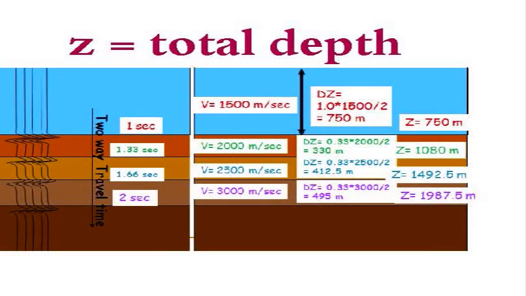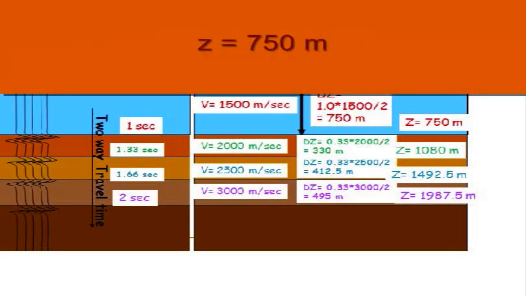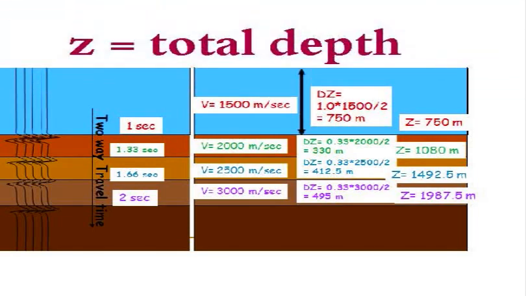V equals 1,500 meters per second. dz equals 1.0 seconds times 1,500 divided by 2 equals 750 meters. Z equals 750 meters. Second zone, V equals 2,000 meters per second.